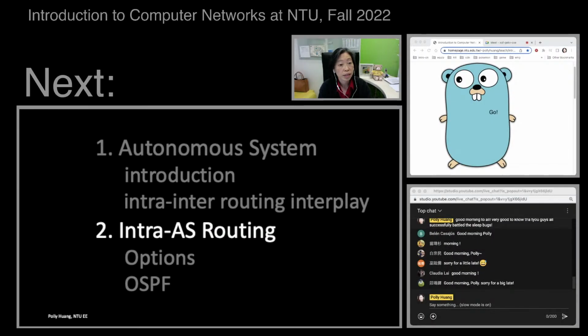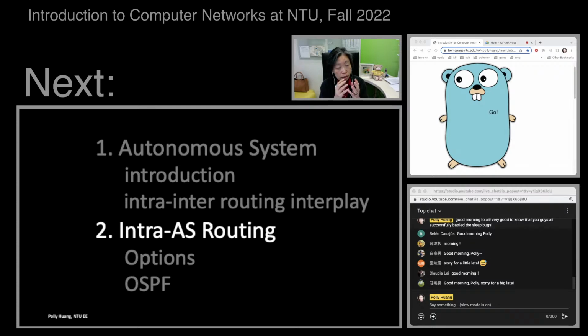All right, so essentially, each router inside an AS, although they might not be the gateway routers, will participate in the intra-AS routing, so they know there's a route to every router within the AS.